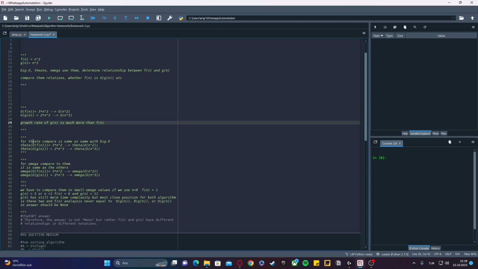And to compare theta, actually big O notation is kind of for the worst case, and omega notation for the best case, and theta we could say is the average case, and it will be equal again to big O notation.